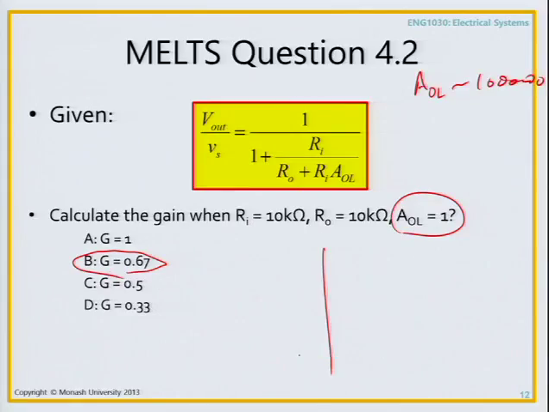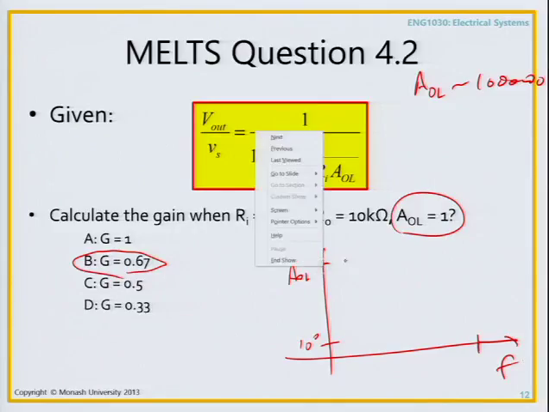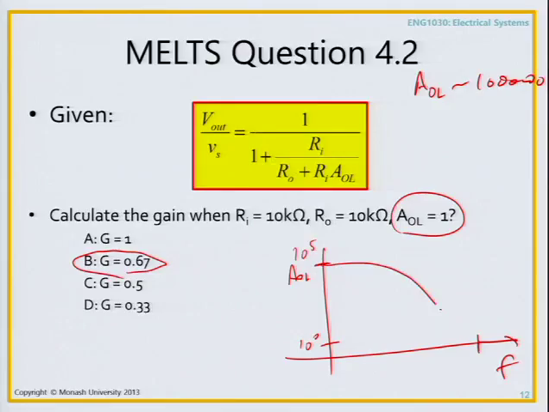Well, it turns out that if I plot this graph of AOL, so let's say this is 10 to the 5, this is 10 to the 0, versus a signal that goes into the op-amp with a frequency f, this is what tends to happen to AOL, something like that. Okay? So that's real. And if you look at the spec sheet, which is in the back of your lab manual, for the op-amp that you've got, the TL074, you'll find that this is in fact the case.